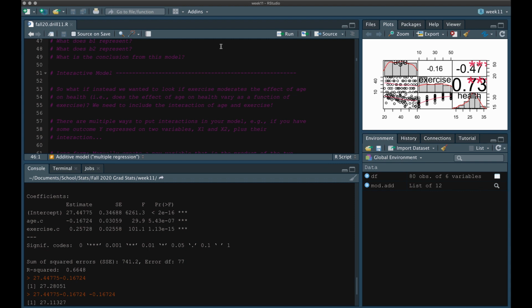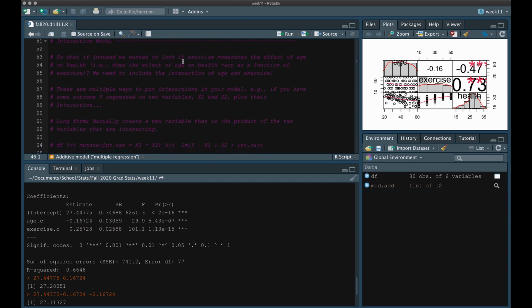In plain English, as you get older and age decreases your general health, does exercising more or less change that effect of age, or do you just age? Does your health decrease regardless of how much you exercise? To answer that question, we have to look at the interaction. So we're asking, does exercise moderate that effect of age?